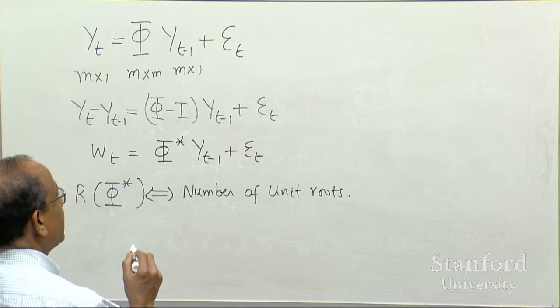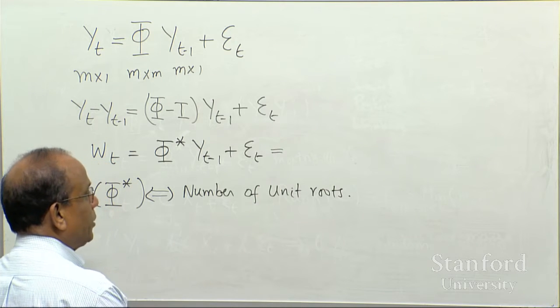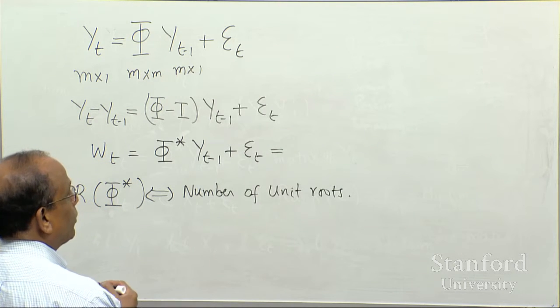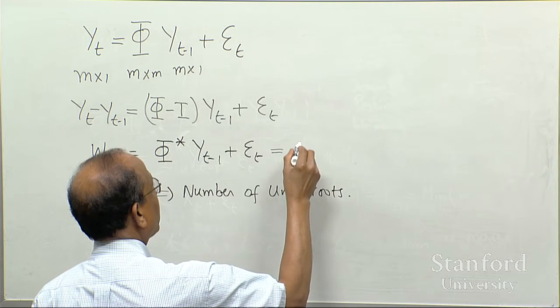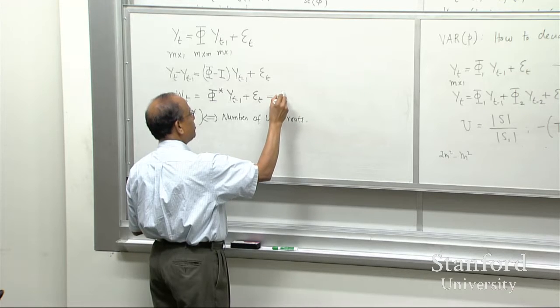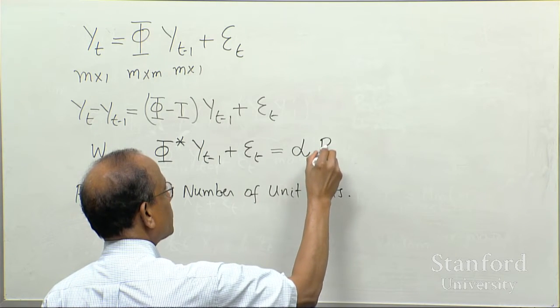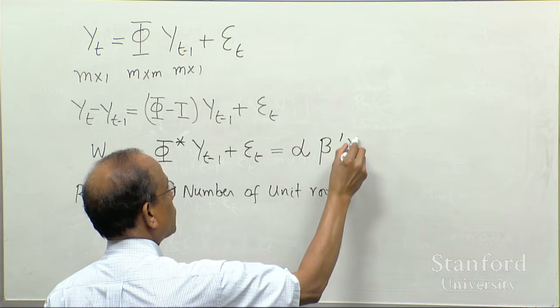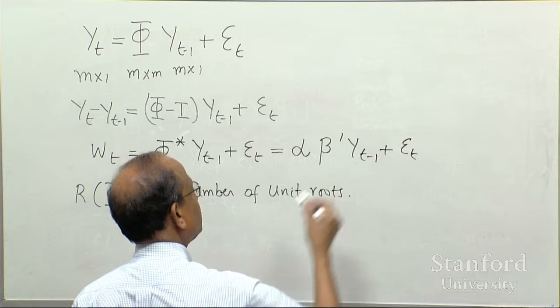This is the key part that I want you to understand. Because pi star is going to be of lower rank, you can write it in the following form. Instead of writing A and B, I'm going to follow the standard notation Johansen uses: alpha times beta prime times yt minus 1 plus epsilon t.